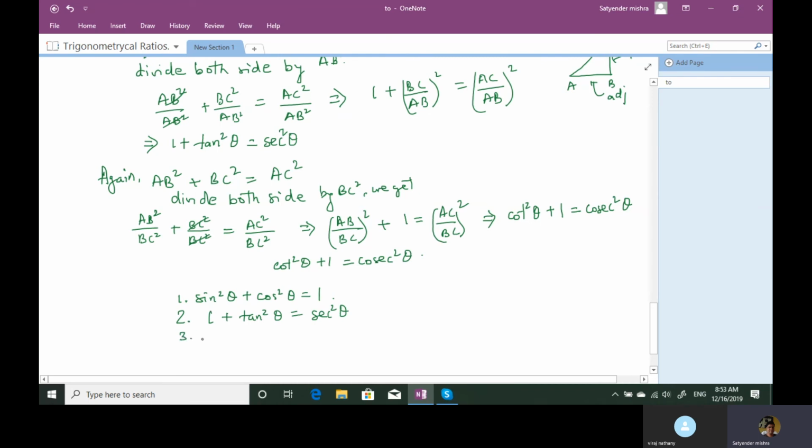And the third one we have cot square theta plus 1 equal to cosec square theta, right? So these are the relationships, and we are going to use them in this exercise. Let me solve a few examples for you so that you can understand. These are important relationships.